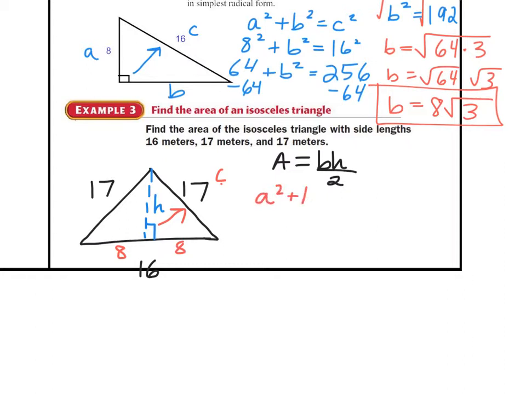Go ahead and solve for the height. I'll put 8 squared plus h squared equals 17 squared.